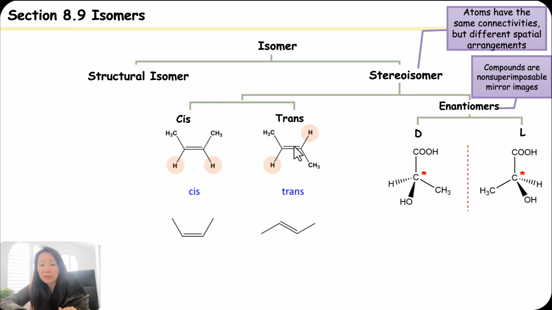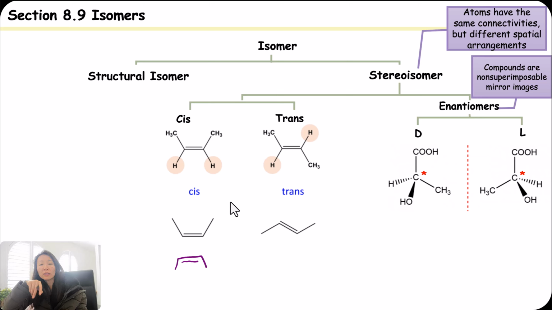For trans, the hydrogens are in opposite directions. This is a condensed structure form and this is a line angle structure form. In the line angle, you can see the trans very clearly, it's diagonal. Whereas cis looks sort of like a bucket, and it could also look like an upside down bucket.